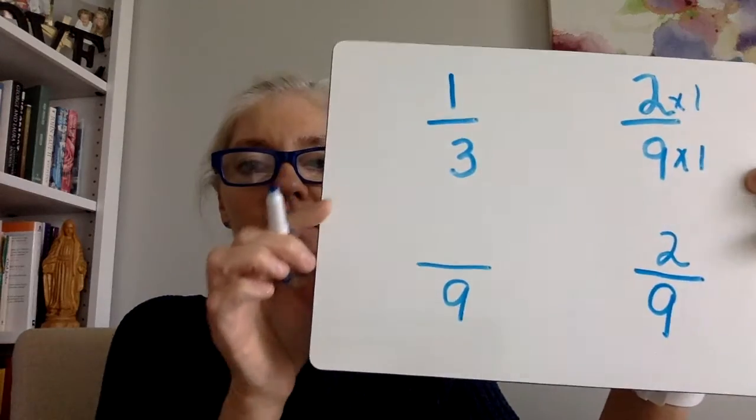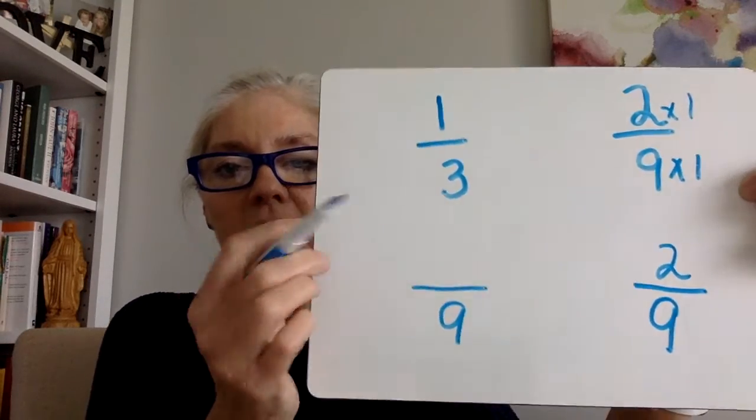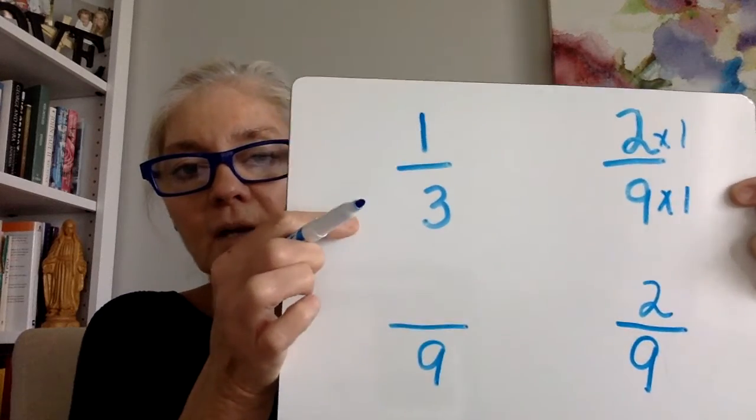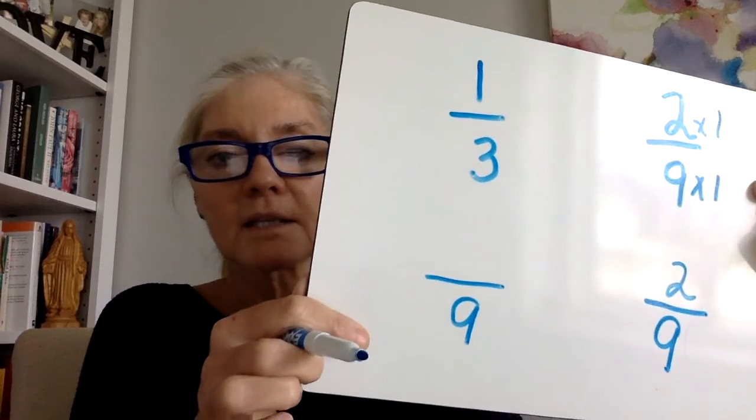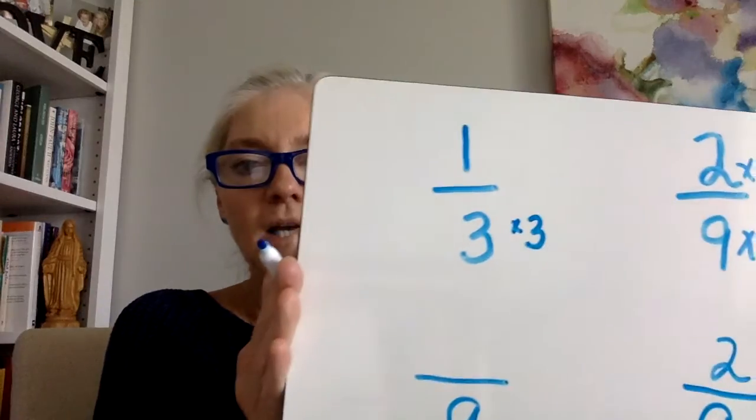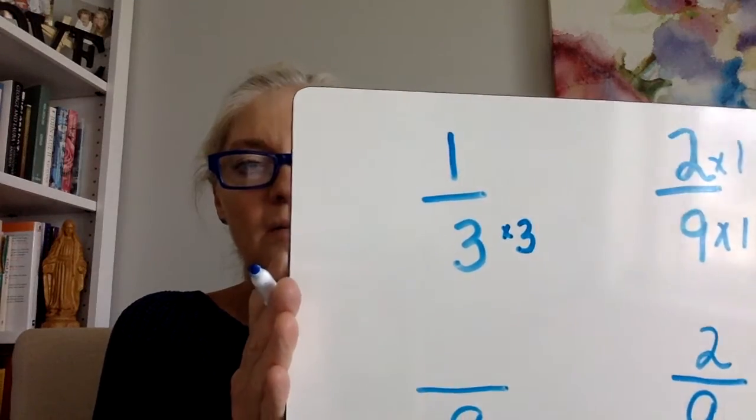All right, so we already multiplied those out. Let's work on this side over here. How do we turn 3 into 9? We times it by 3. And remember, if you do that to the bottom, you have to do the same thing to the top.